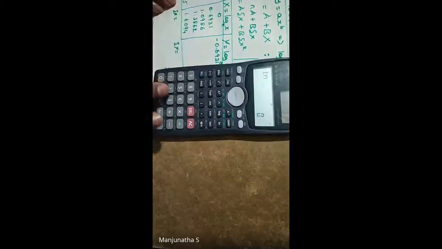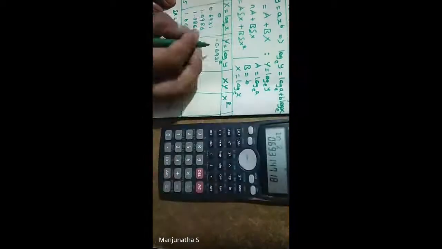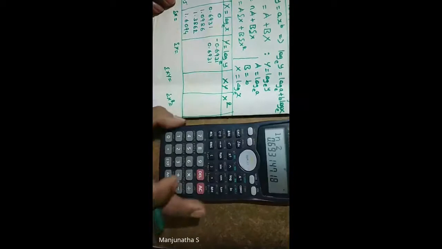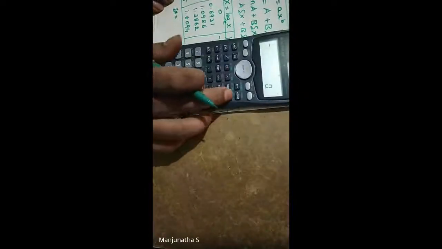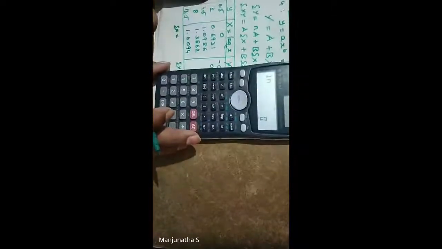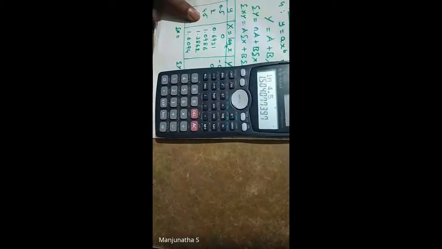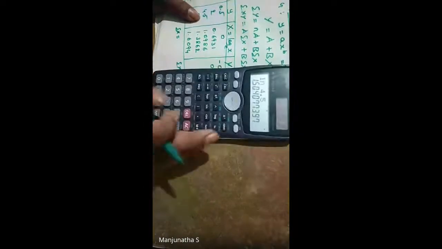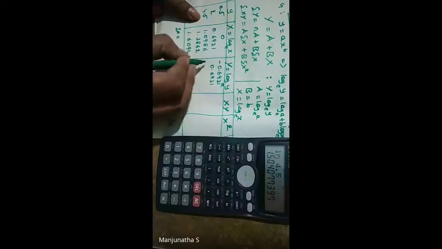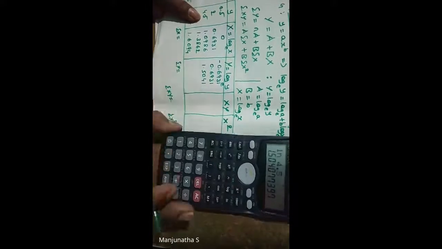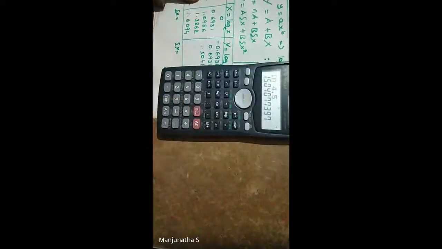Next, ln 2, 0.6931. Next, ln, what is the value we have? 4.5. So 1.50407, which we can write as 1.5041, since we are taking 4 decimals.